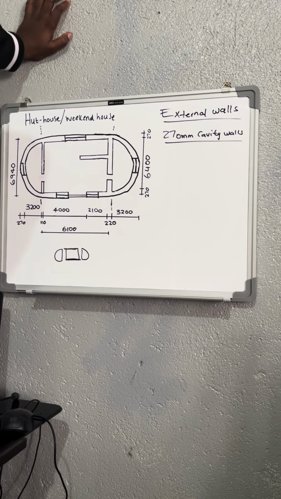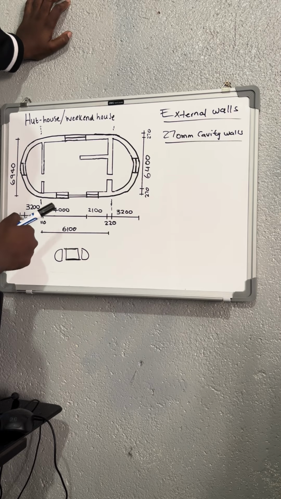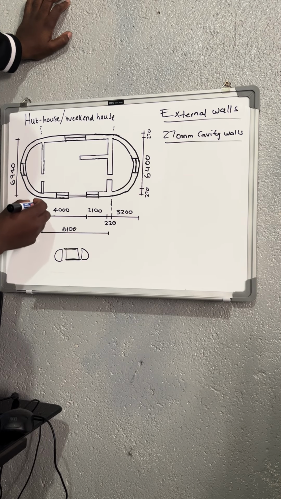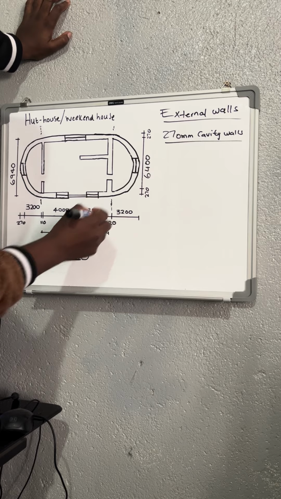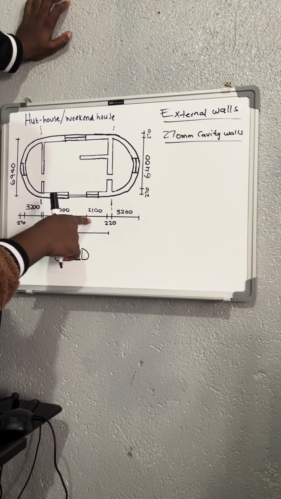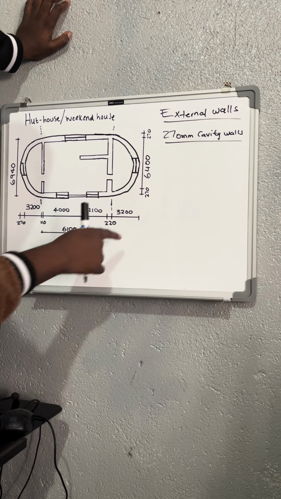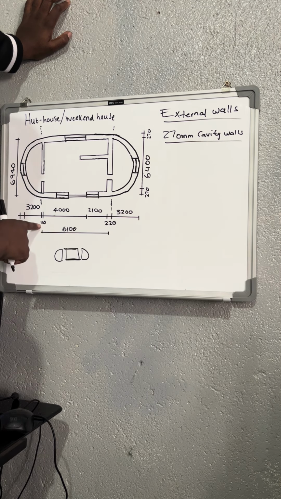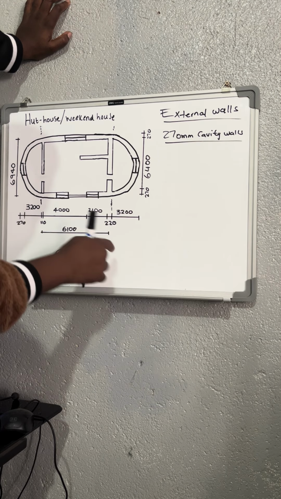So what are we going to say? We're going to look for the dimension that, okay, from here to here, it's how much? It's 1110 plus 4000 plus 6.1 plus 220, or we can just say it's 1110 plus 6.1 plus 220.